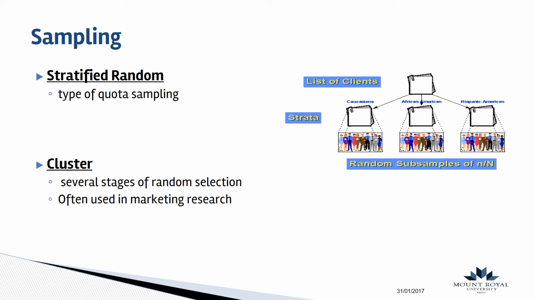We feel that ethnicity could impact this particular intervention we're testing, and so we divide them into Caucasian, African American, and Hispanic, and then we randomize from each of those groups into the control group and the intervention group.